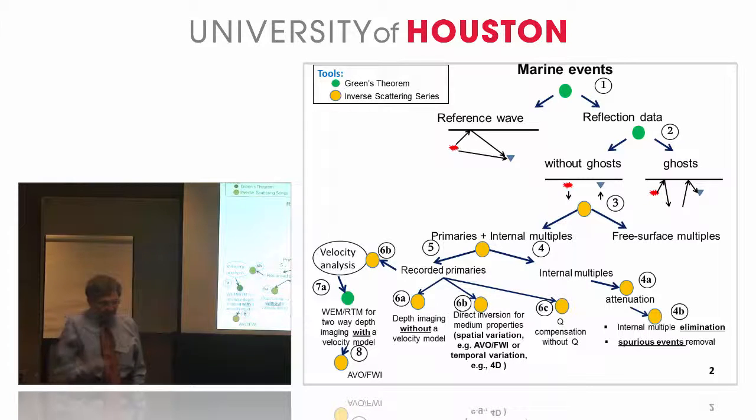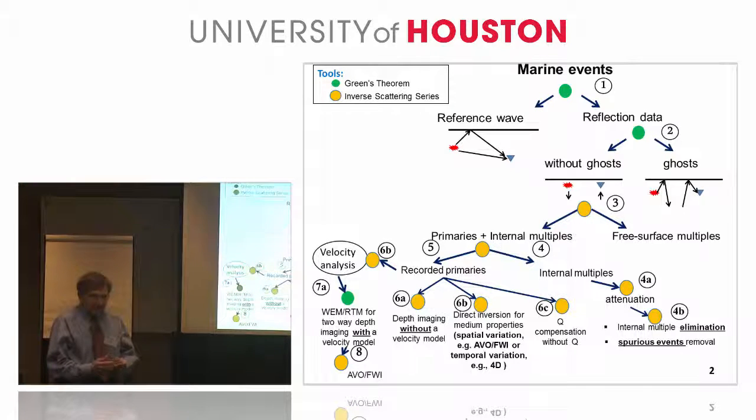That is an issue that only arises as an opportunity if your collection of primaries is inadequate. If your collection of primaries is adequate, that's the end of the story. Okay? All you need is primaries and a wave equation migration.